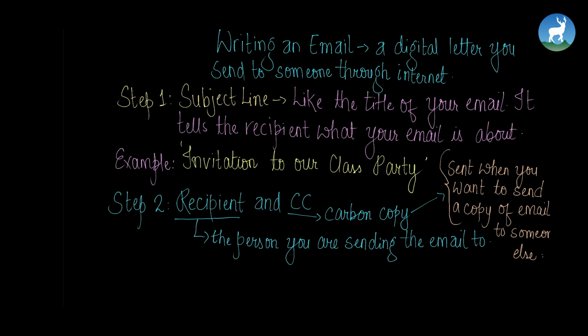Alright, let's move to step number 3. So step number 3 is optional because it's BCC. It's optional. We use BCC. So you can use BCC if you want to send a copy of the email to someone without the other recipients knowing.